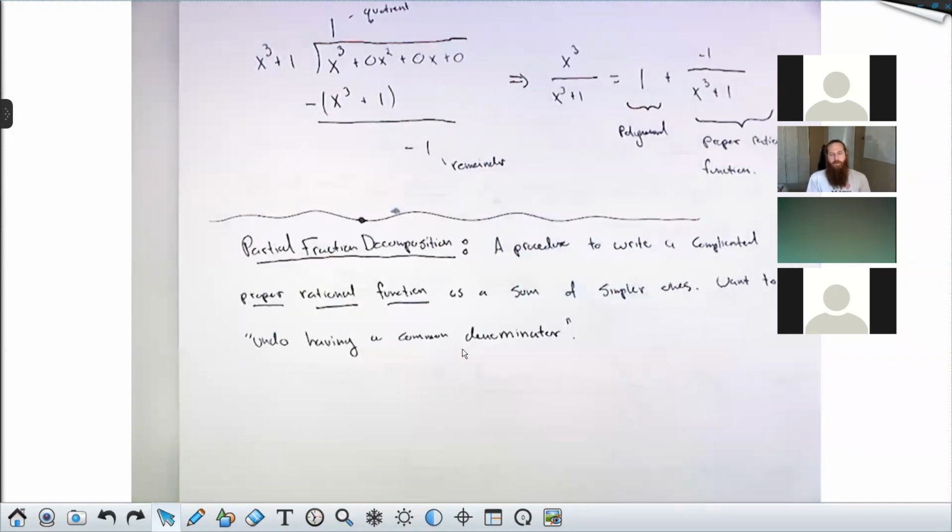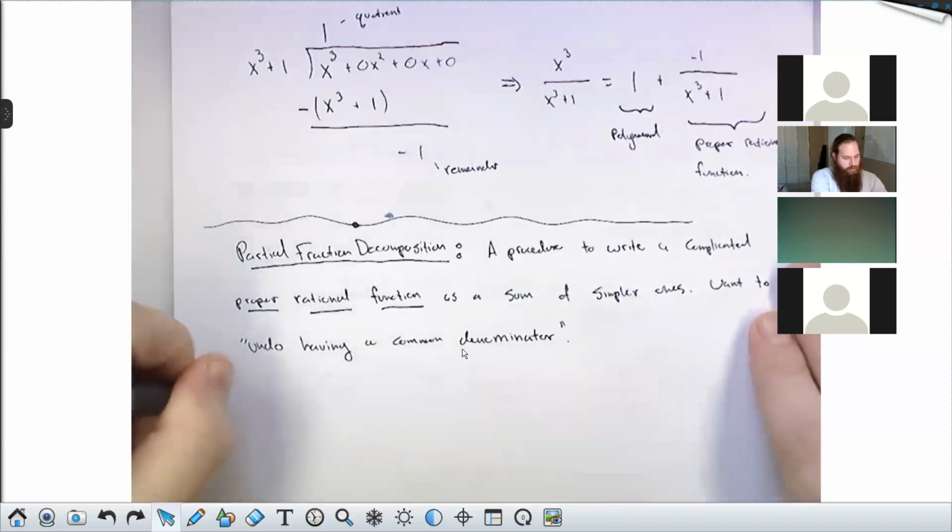So in general, what you're going to do here is you're going to factor the denominator of your function and then ask, how could that function have arisen as a sum of rational functions where each rational function in the sum has one of the factors of the thing you're trying to split up?